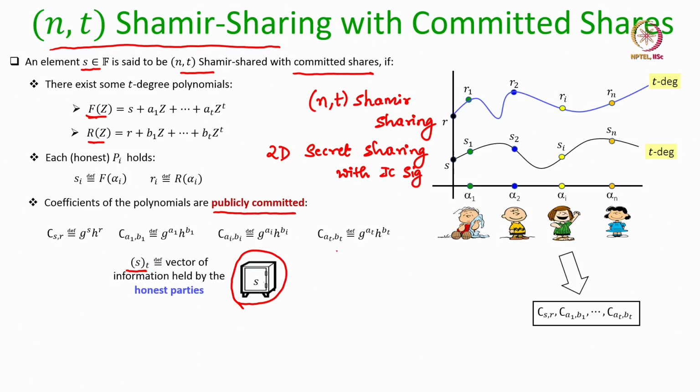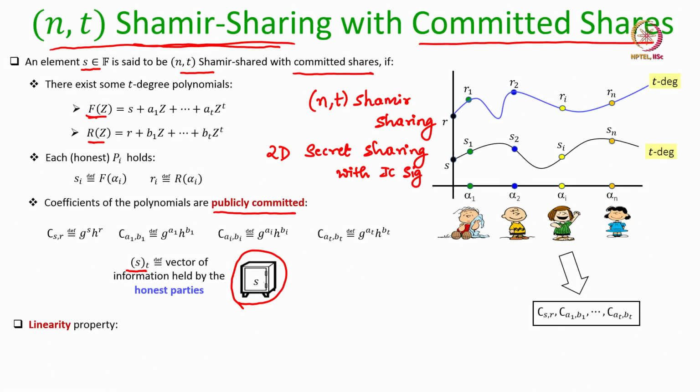And now for cryptographically secure MPC we are augmenting Shamir secret sharing with committed shares by making public the commitment of the coefficients of the sharing polynomial.